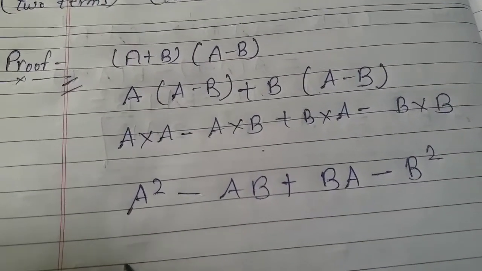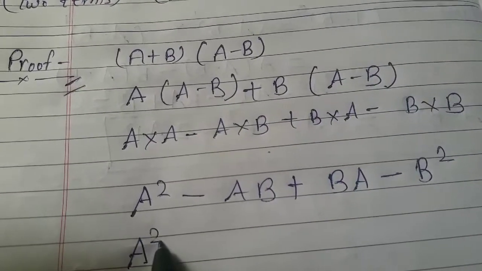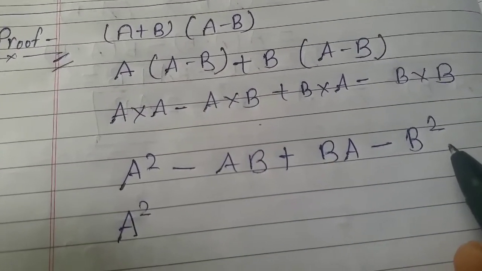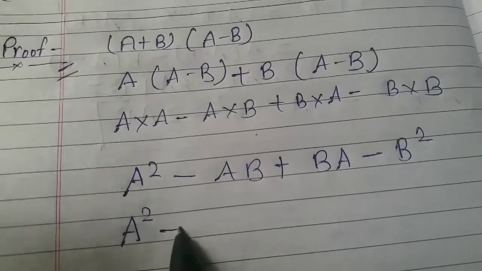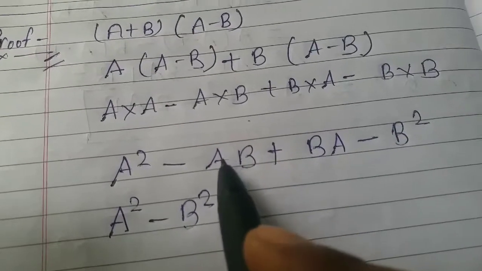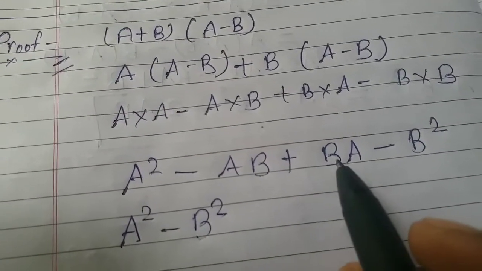Arrange the terms in descending order. First take the highest power term, that is 2, we can write a squared. Again the second highest power term, that is also 2, minus b squared. Now solve ab and ba. Both are the same terms.